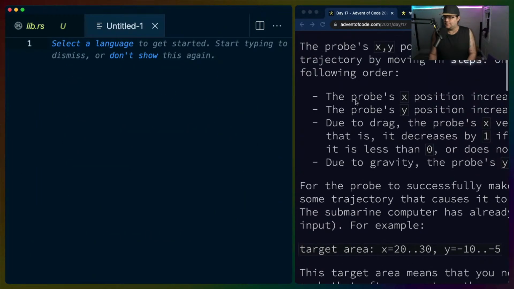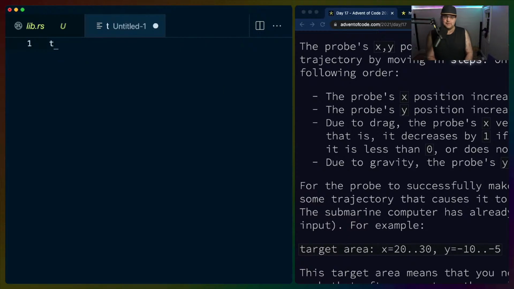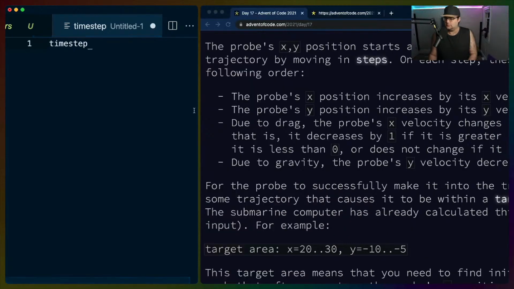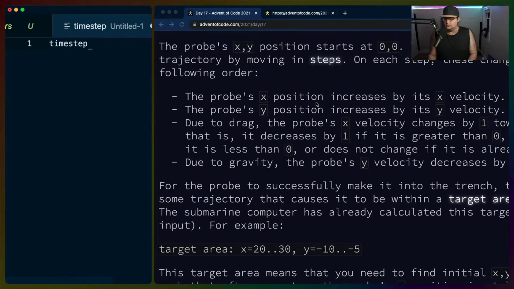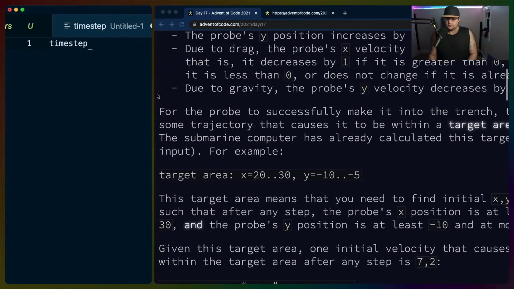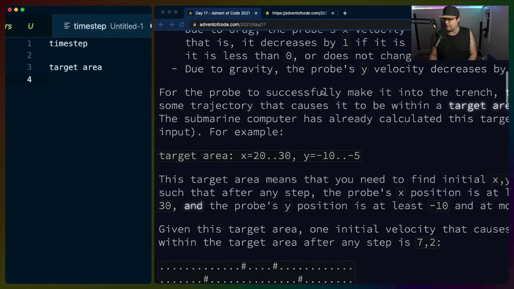We have some time step, right? We have some target area. So this will be an if whatever, whatever.